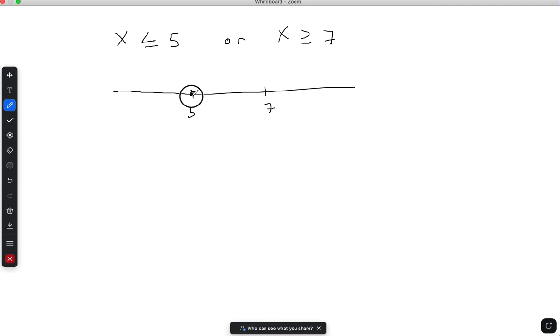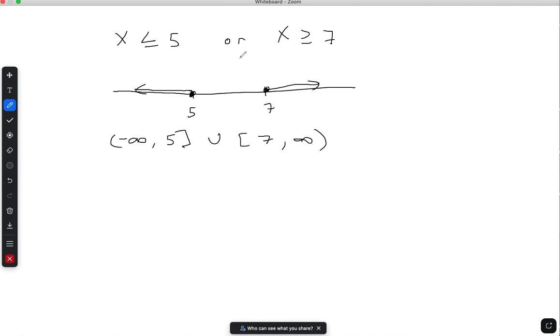These are both equals, so that would be a solid dot, and that would go this way. Solid dot, this would go this way. So the interval notation would go from negative infinity up to the 5, and then a bracket that time because of the solid and equals, union 7, and then on out to infinity.